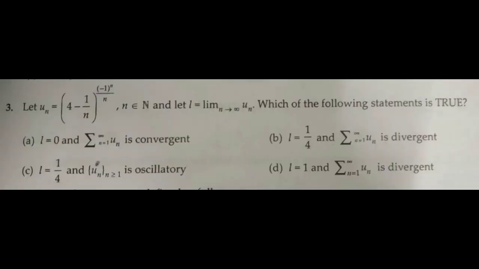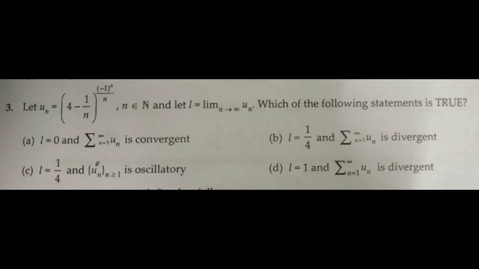I have an interesting story to say about this question. So you can see it's looking like a complicated nth term. This question is from 2017. When I attempted this question, at that time I just got stuck and was unable to think about it. So what I did, I used the virtual calculator.